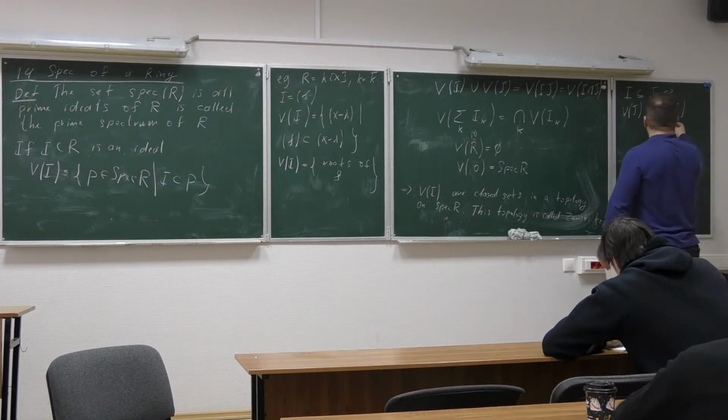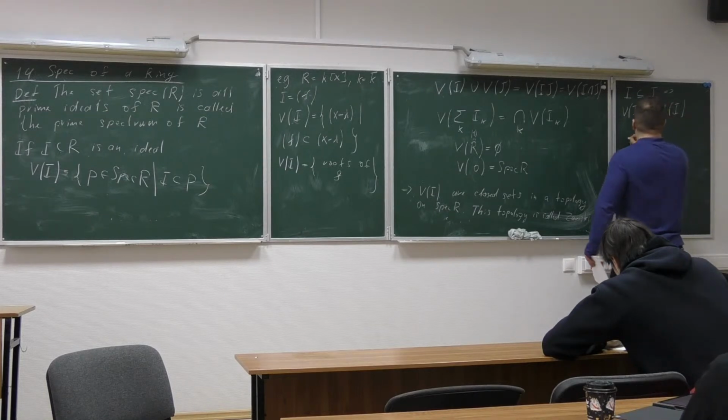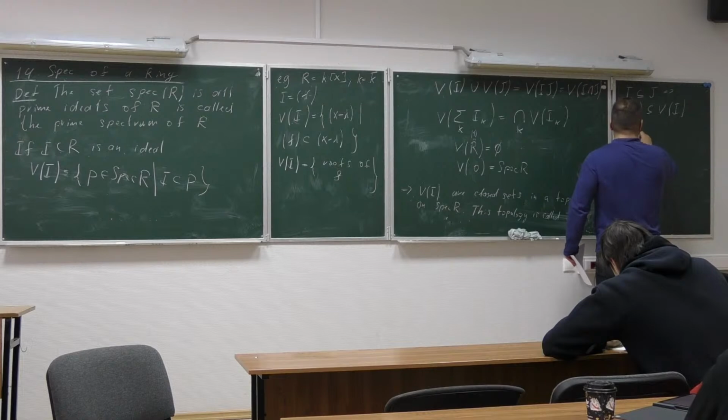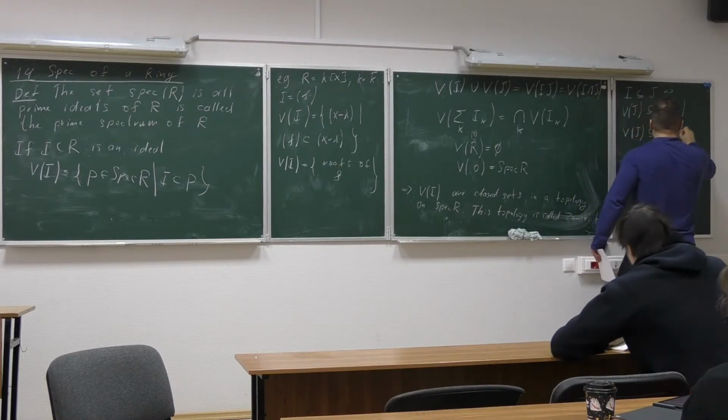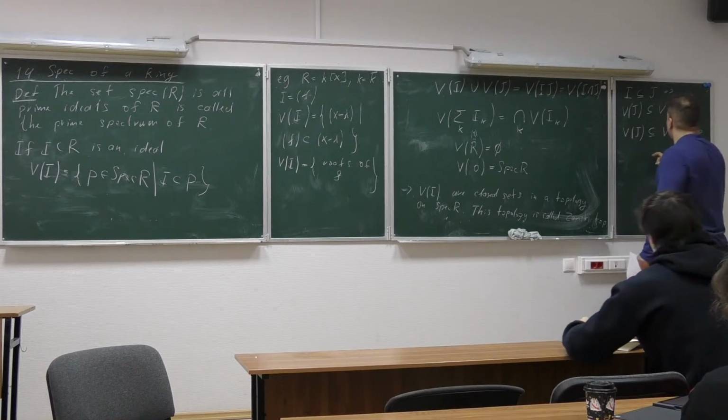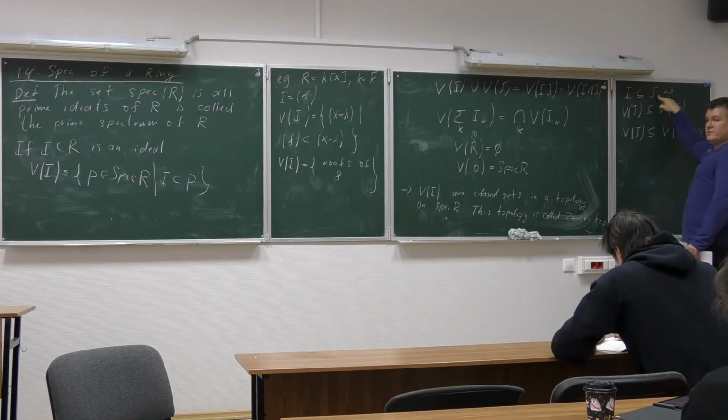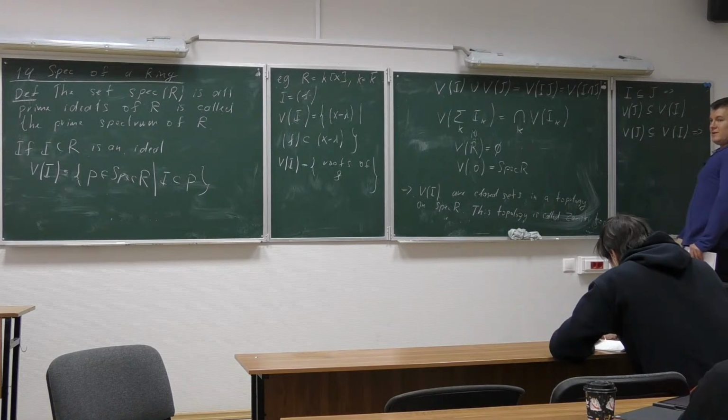Now, how about if we go in the other direction? What if I know that the V of J is contained in the V of I? Can I conclude that I have such an inclusion of ideals? Which way does it happen to be?